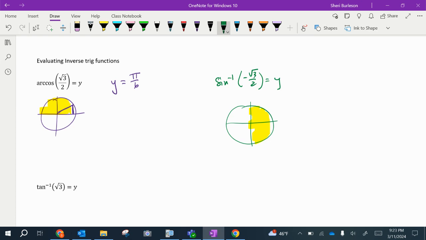So sine is the y value, and that is the long side of my triangle. So that is going to be a negative pi over 3 rotation. Hopefully this is coming back to you a little bit from trig last year in pre-calc.